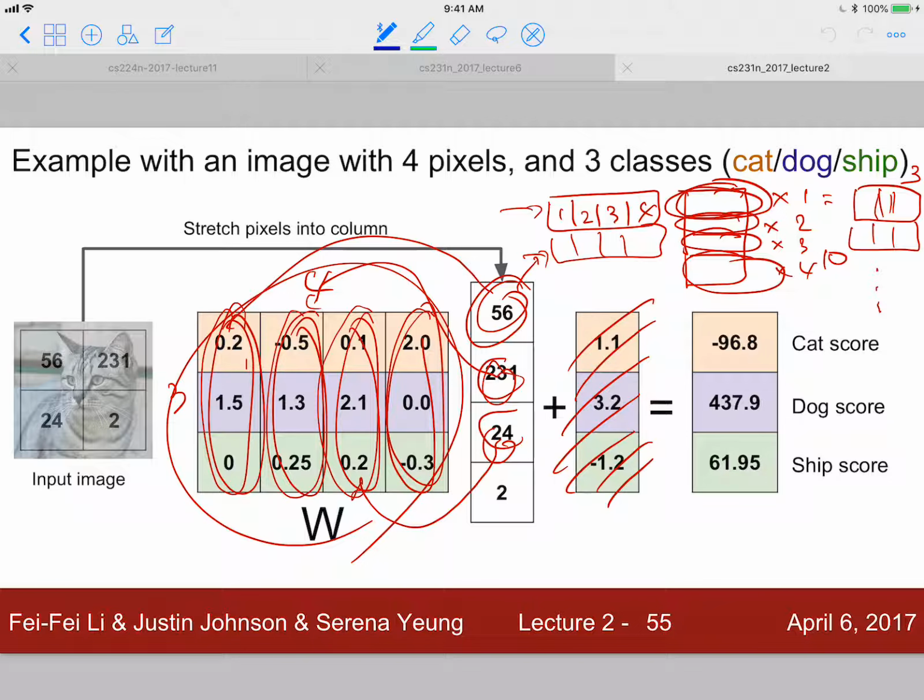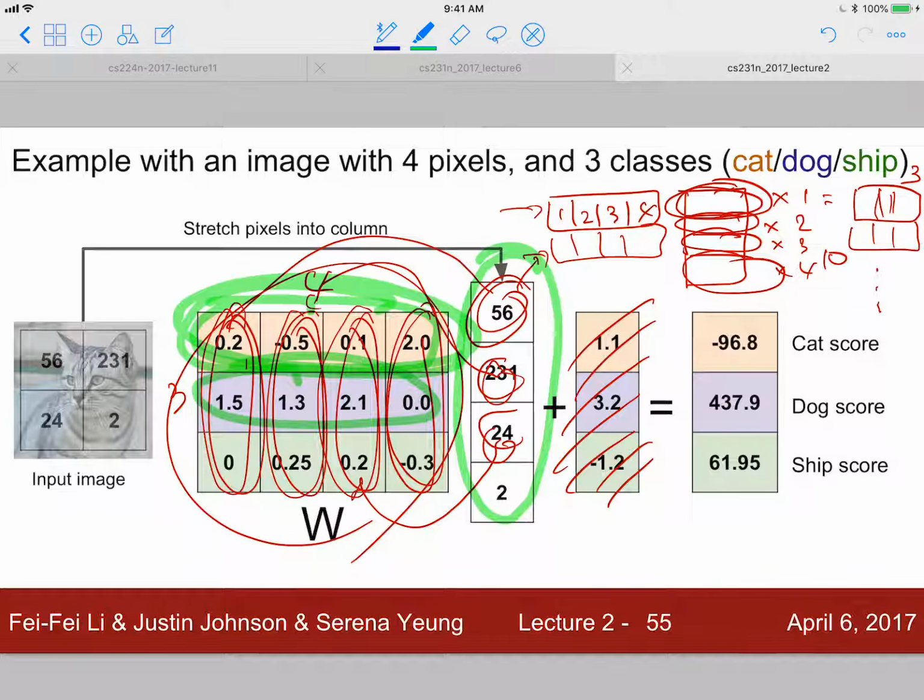These are the input feature vector, and you can view each row as a kind of template vector that we want to look at in order to generate the likelihood score of the cat, dog, and maybe sheep. We can even visualize this kind of thing.